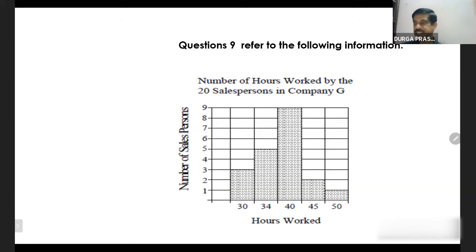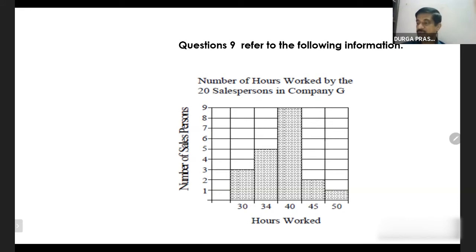Generally in these types of questions, we are asked weighted averages, meaning 30 into 3 plus 34 into 5 plus 40 into 9 plus 45 into 2 plus 50 into 1, like that, divided by 20. That is generally the weighted average. So let us see if my guess is right or something else is being asked.